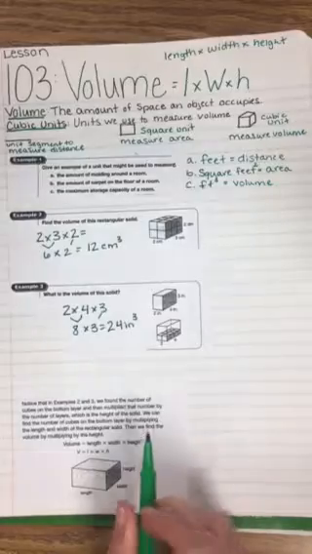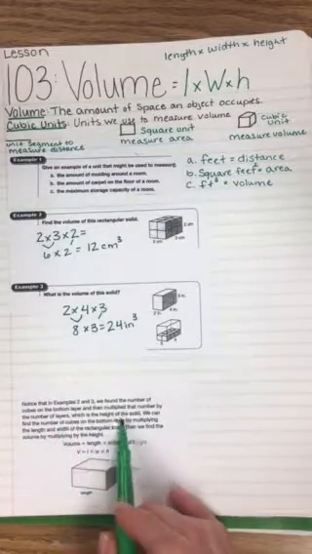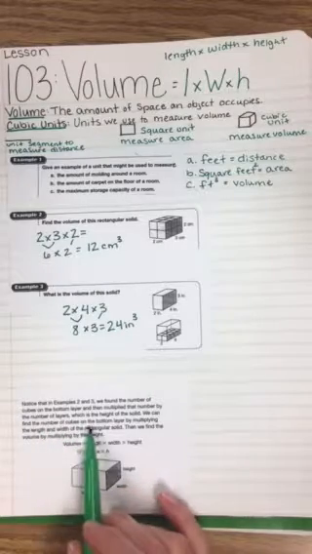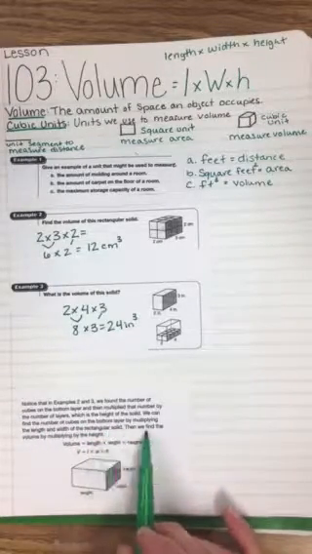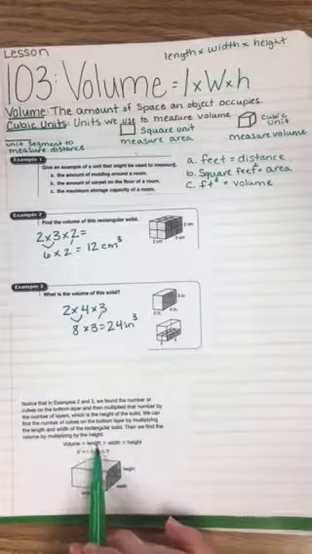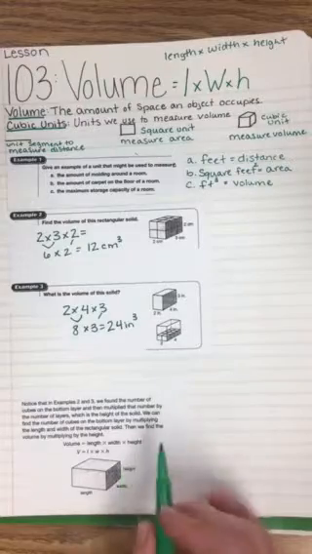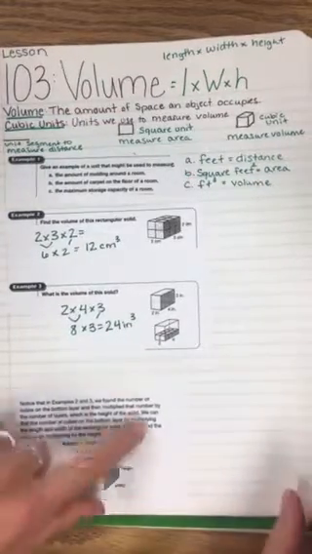So you're finding the number of cubes, and multiply by the number of layers, which is the height of the solid. We can find the number of cubes in the bottom layer by multiplying the length and the width of the rectangular solid. Then we find the volume by multiplying by the height. Volume equals length times width times height. Okay, there you go. Length, width, height. This should help explain it more. Now, flip to the next page.